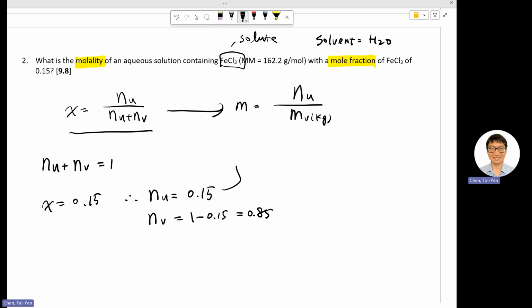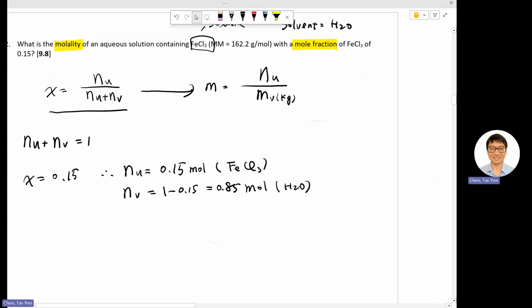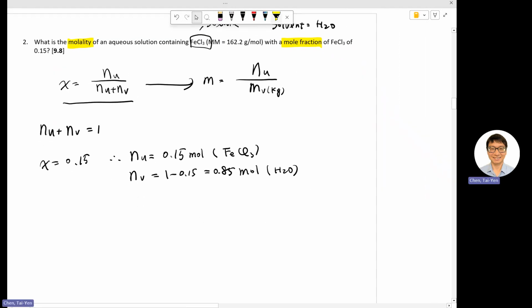So 0.15 mole is your FeCO3, and 0.85 mole is your H2O, right? All right, so with that being said, the molality is your target, right?